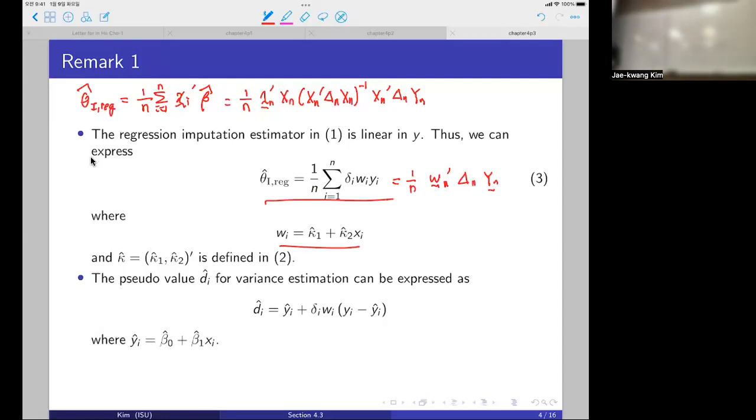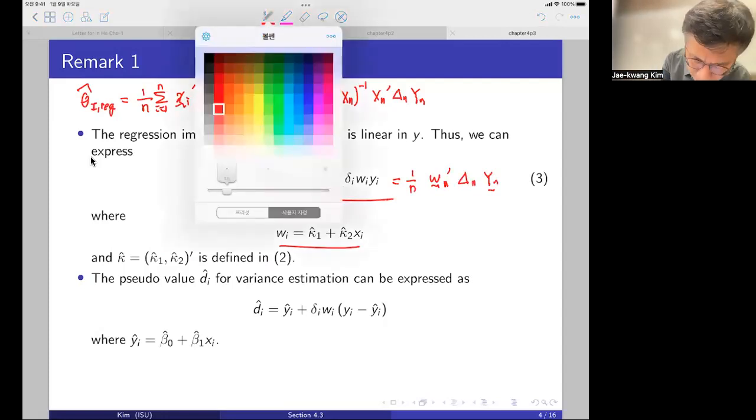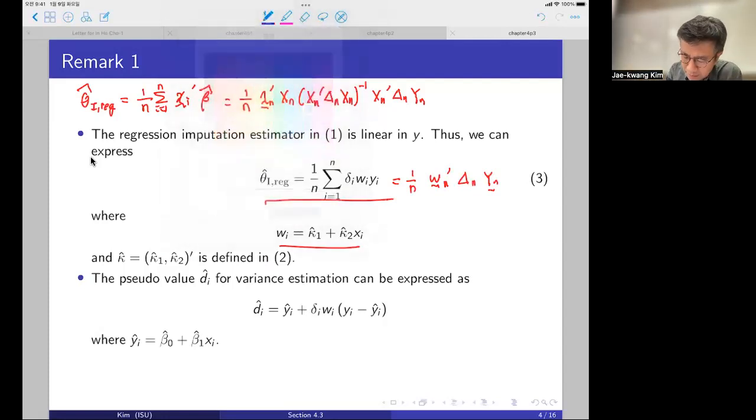So now the question is, what is w_n? w_n prime is exactly equal to this.